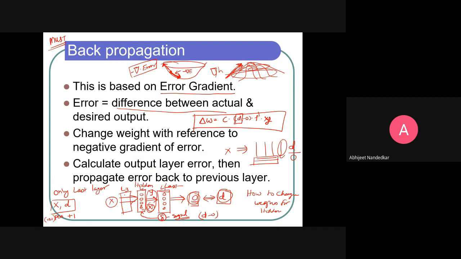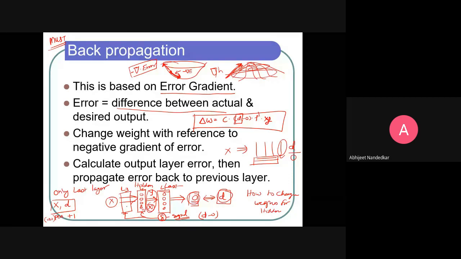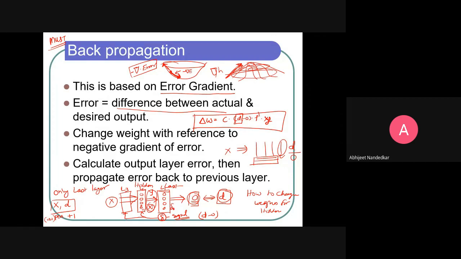Say L1, L2, L3, suppose like this, then this delta is also propagated in reverse direction to update weights here. So the delta computed at the output layer is used to change the weights for hidden layer number 1 from this right-hand side. I can say delta y here, and this delta y is used to create some error signal for the previous layer.